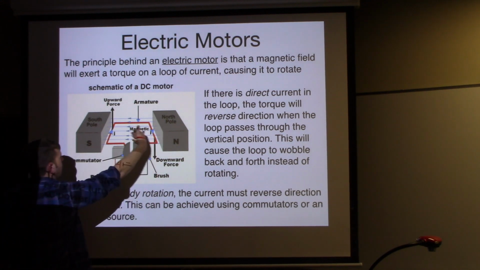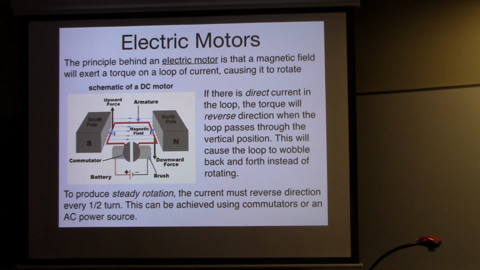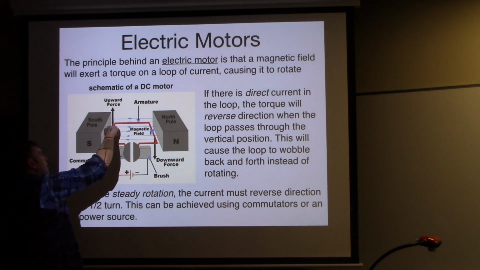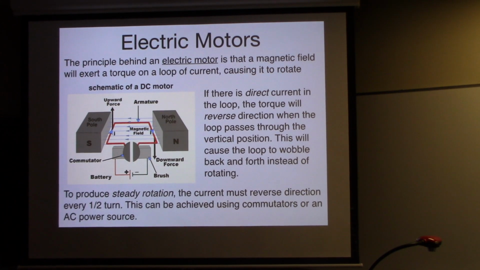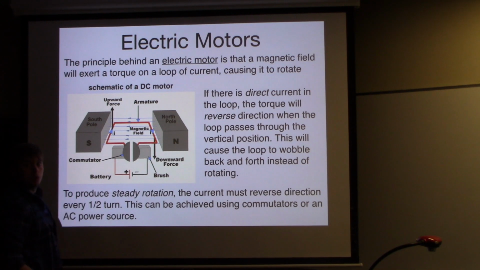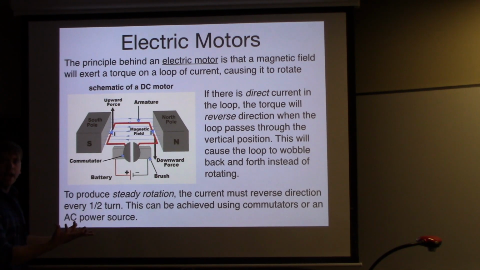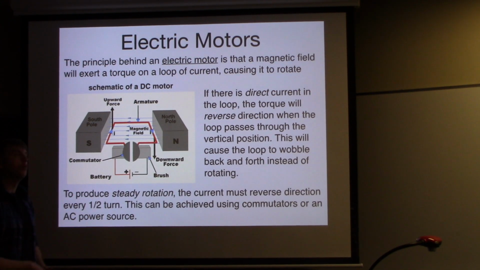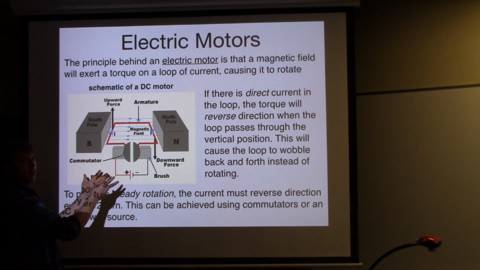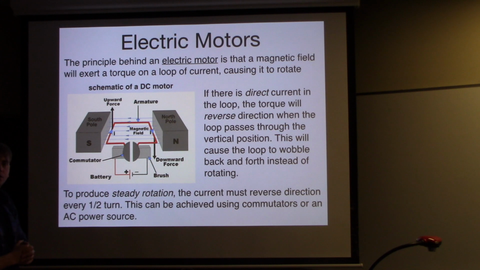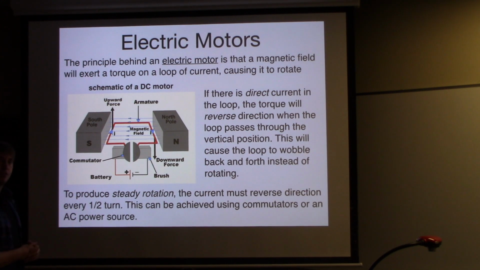Next, we have this wire which is bent into a loop, and it's connected down here to a battery, so that we have current flowing in the wire. Since the current is flowing in the wire inside a magnetic field, we're going to get some kind of torque.